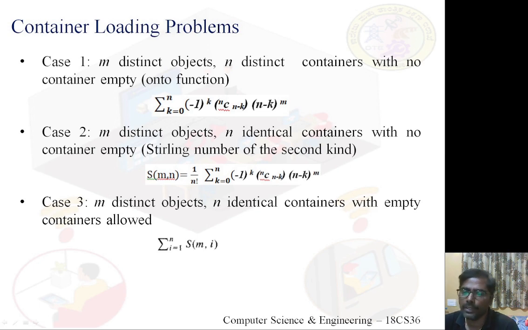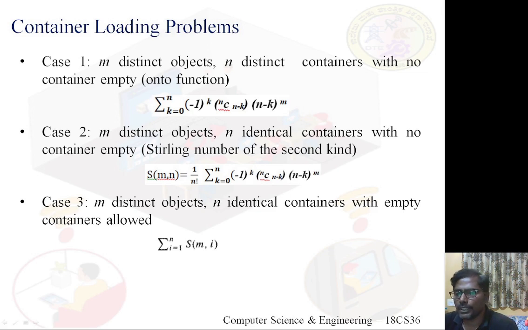So the first case is that, as the objective states, you need to fill m distinct objects among n identical containers with empty containers allowed.